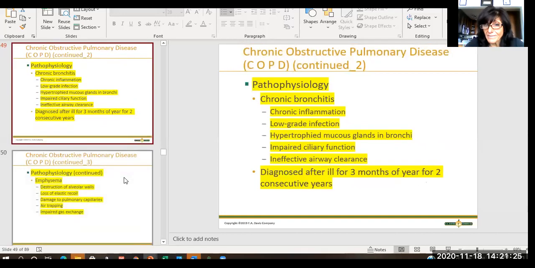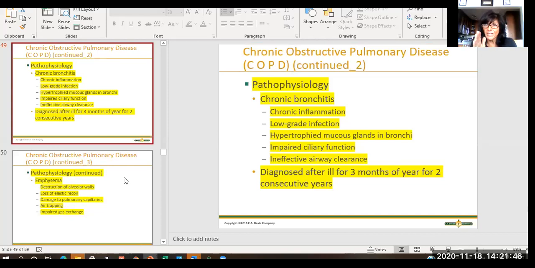Pathophysiology, chronic bronchitis. Now, bronchitis is technically an infectious disease, but for some people, they get it all the time. Chronic bronchitis. So chronically inflamed bronchioles in the lungs, low-grade infection. The mucus glands get overgrown, hypertrophy.